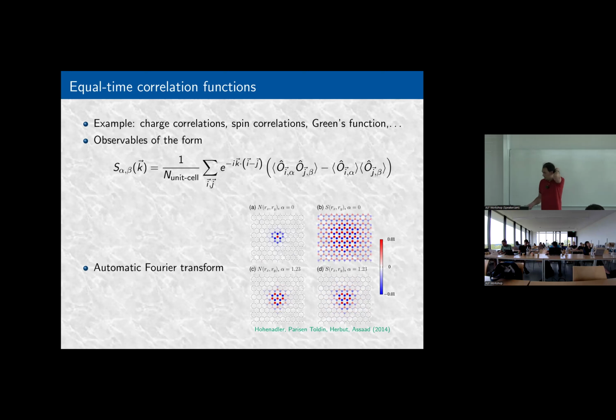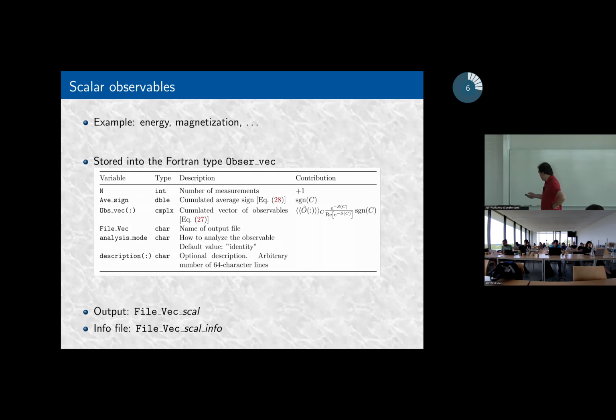But it can be more general than that, because if you define a custom observable, for example, imagine that out of this honeycomb lattice you want to, in each cell, just measure a single observable, say some combination of the AA, BB, whatever. Then you can do this by defining a specific observable which has its own lattice structure, so its own unit cell and its own lattice structure. This is also possible.